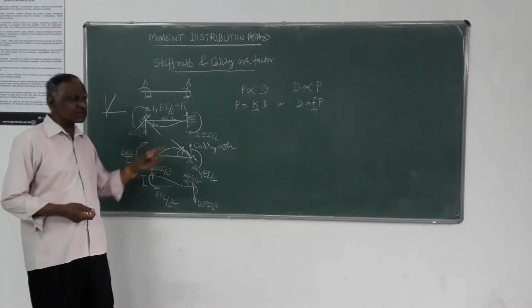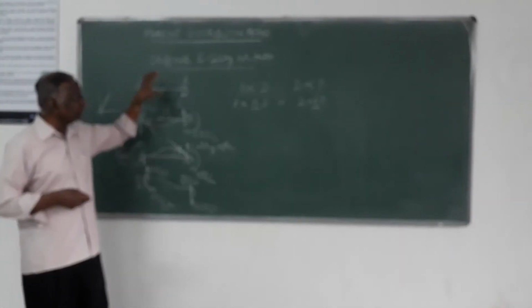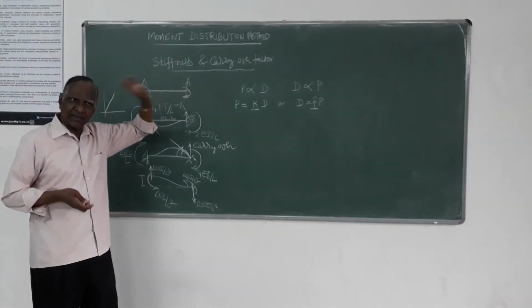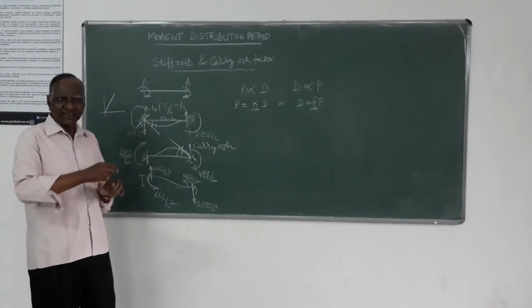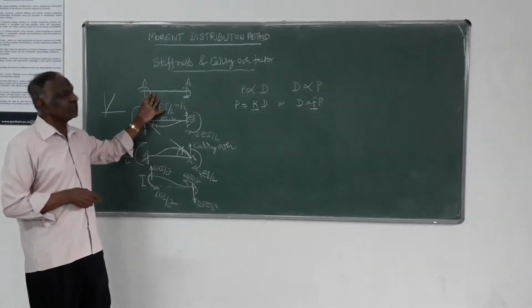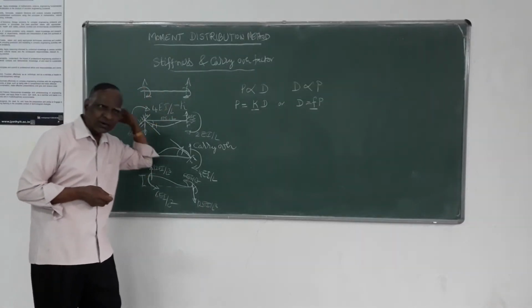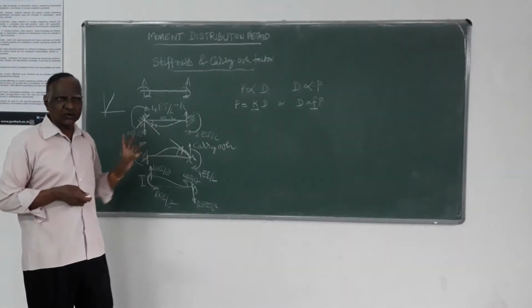That's the basic difference between slope deflection and moment distribution. The same terminology, stiffness and carry-over factor, we use, but in a different fashion. In the slope deflection method we use it in the form of an equation, here we use it in the form of the basic definition itself. This is one thing you have to remember.